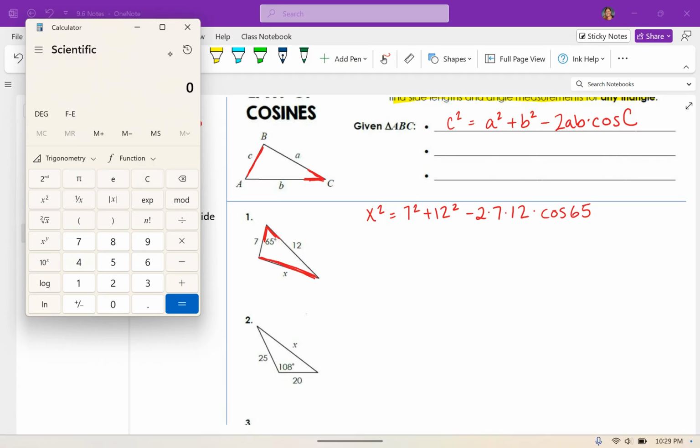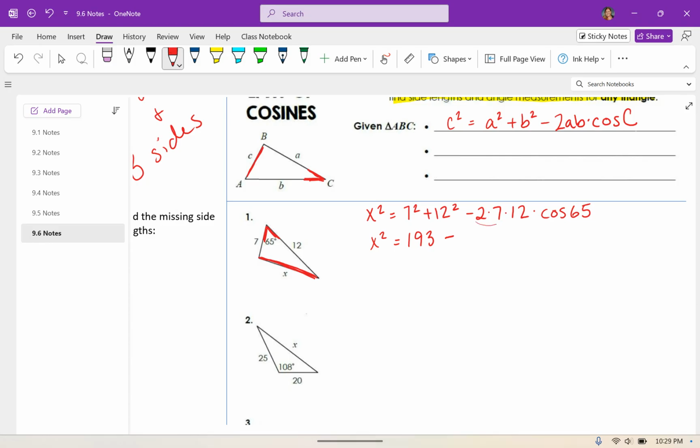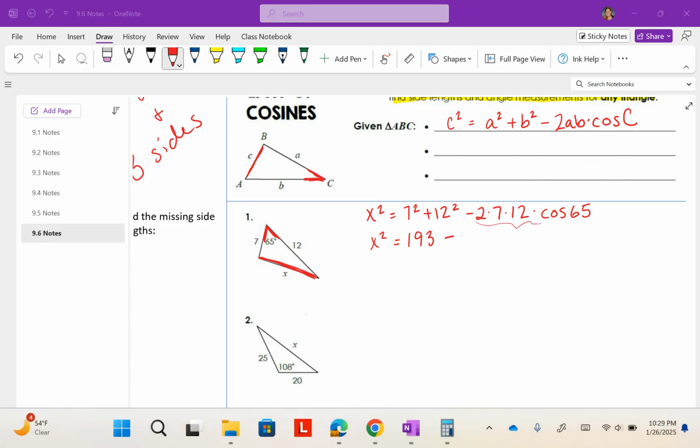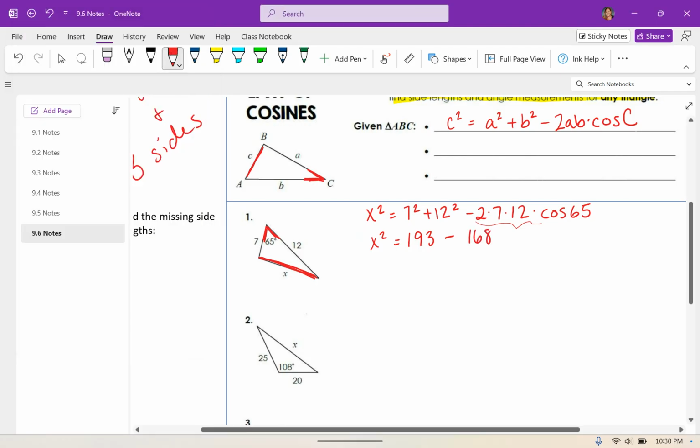We have 7 squared plus 12 squared equals 193. So x squared equals 193 minus whatever this product is. Let's do it one step at a time. 2 times 7 times 12 is 168, cosine of 65.